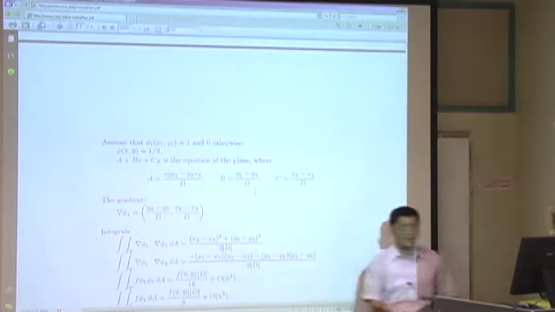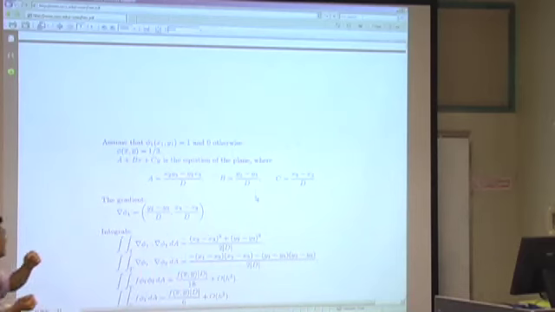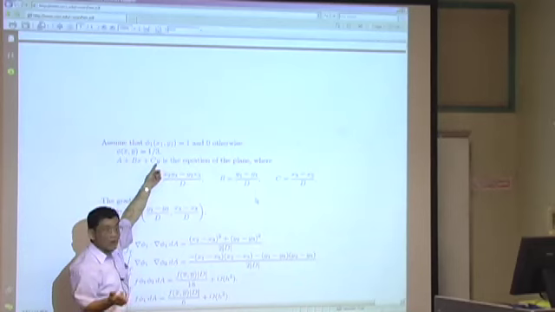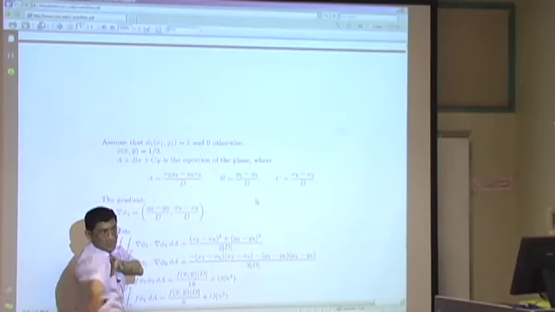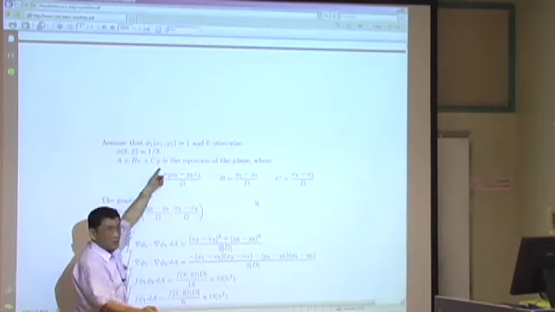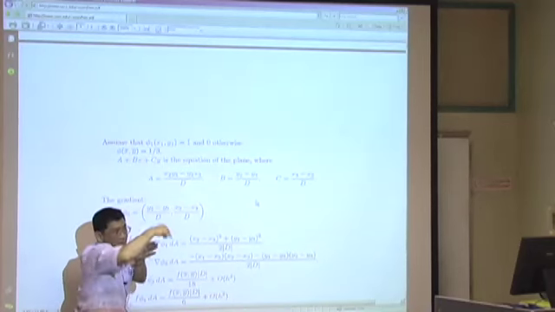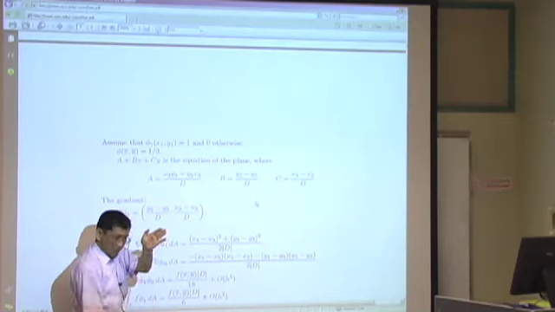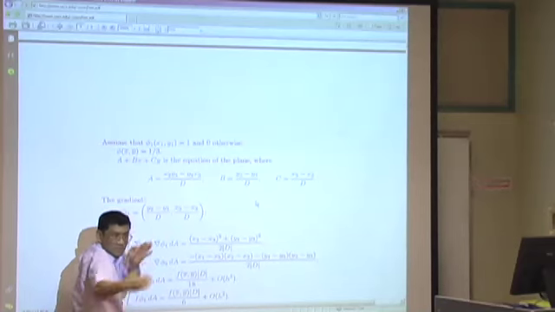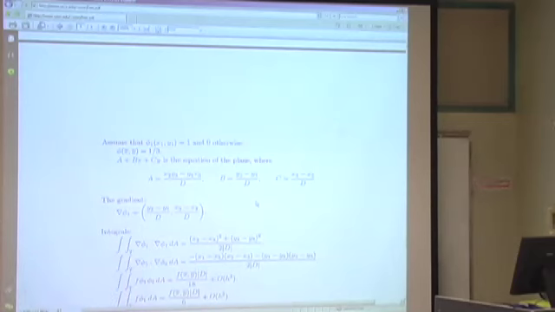Once we have x and y input, we can create the a plus bx plus cy plane, the equation of the plane. Using the equation of the plane, we can determine the value at any point inside this triangle domain. So these are the steps.